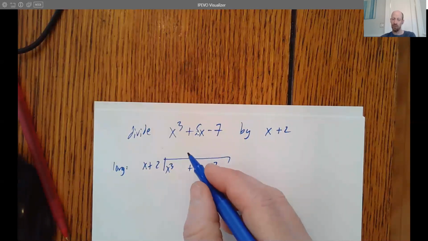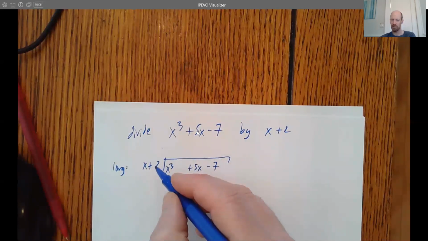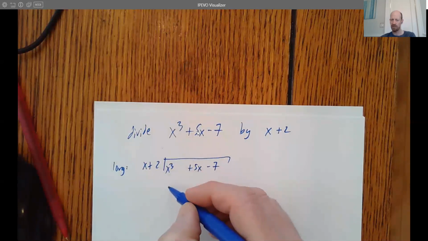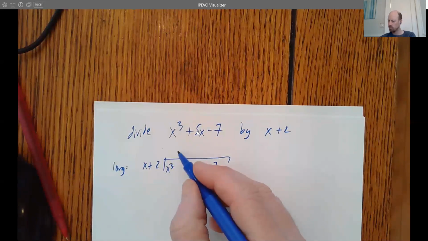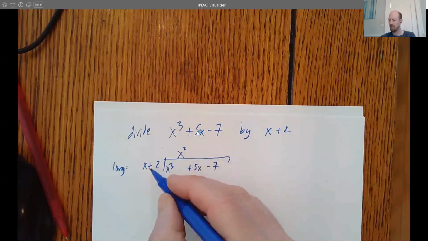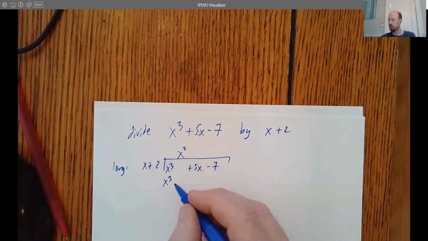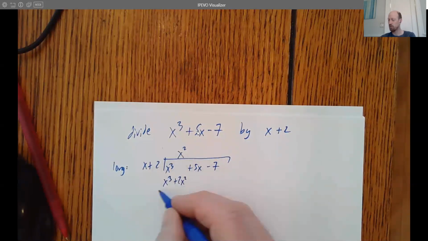You pick something up top so that you can multiply it by x plus 2 and match up with this x cubed. In this case, we need an x squared, because x squared times x gives me x cubed.